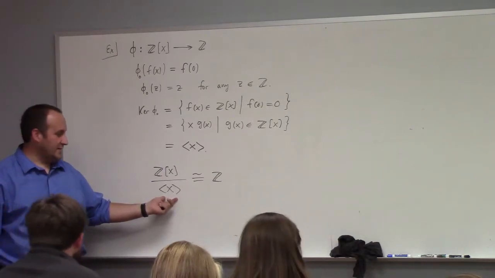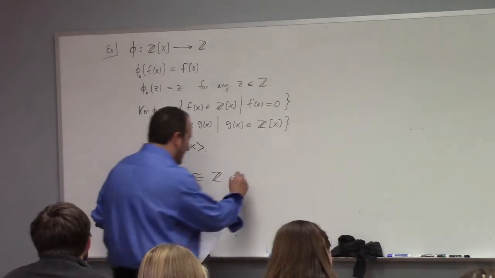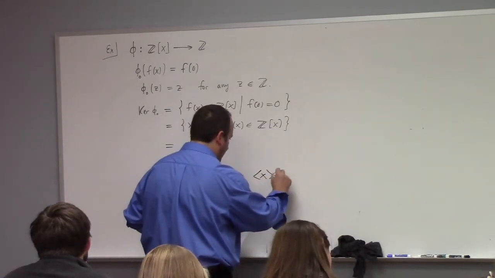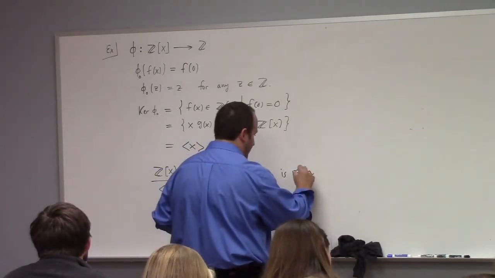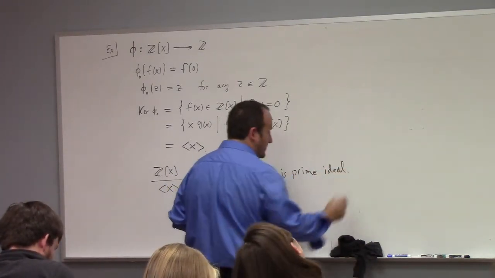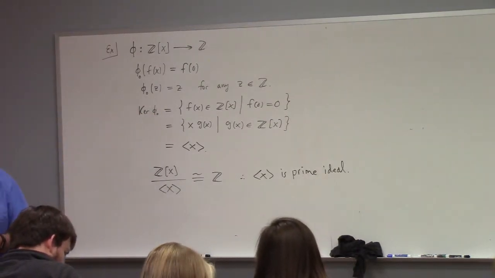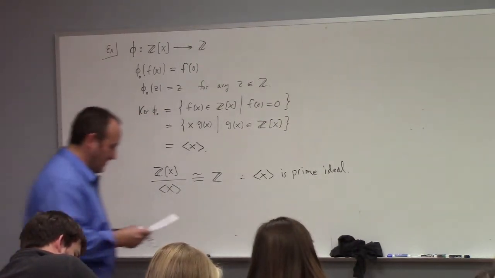This is evidence that the principal ideal generated by x is a prime ideal. If the quotient is isomorphic to a field, that says that the ideal is maximal. All right.